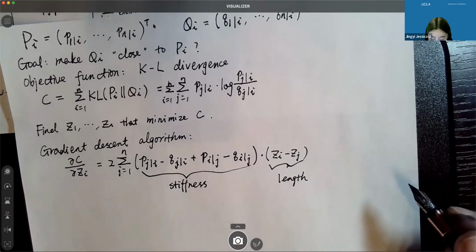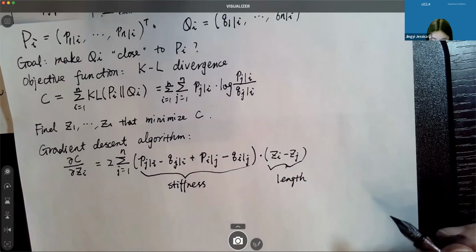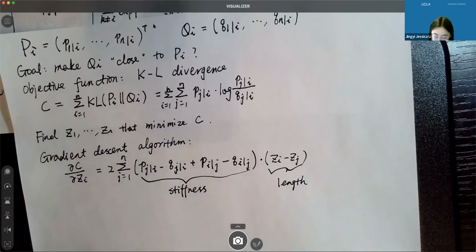Okay, so given the gradient, the gradient descent algorithm will update your value based on the current value and the gradient. You will go a step in the gradient direction. Sometimes people may also want some force to drive it back a little so you don't go too much.